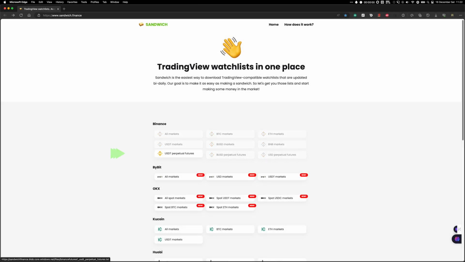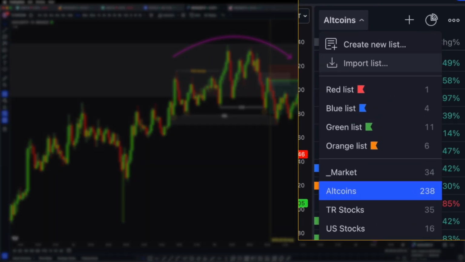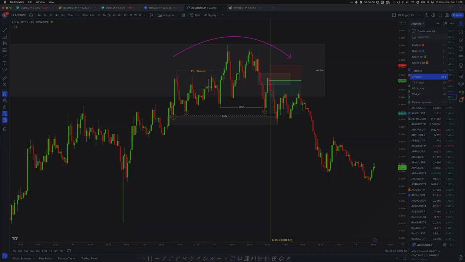On the website, click to the USDT perpetual futures for Binance list. Or if you use other brokers, get a list for them. It is a very simple text file. Then open your trading view, click to the import list. And that's it. Extremely simple way to get all the altcoins tradable.